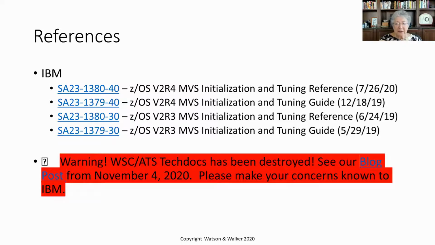Now, they finalized that back in June of 2019, and it's why I have that date there. So you can click on the -30 forever, it remains the same. You can click on the -40 for 2.4, and what you will get is the newest release.